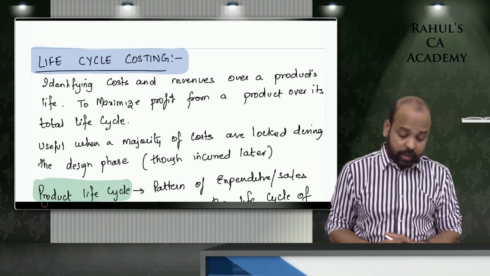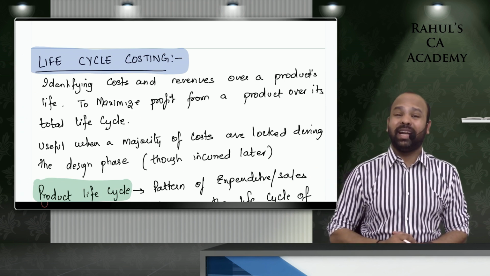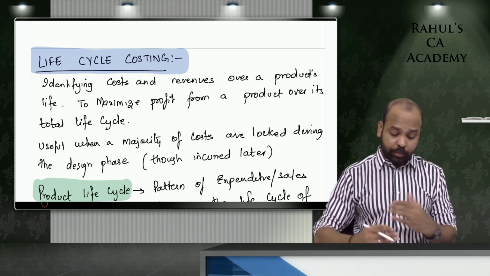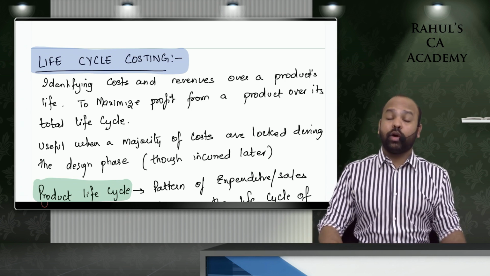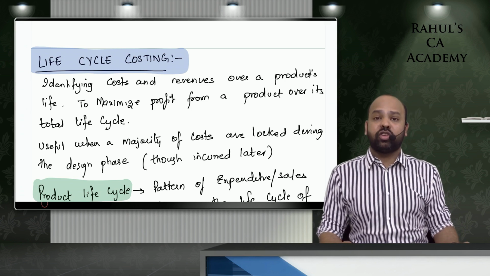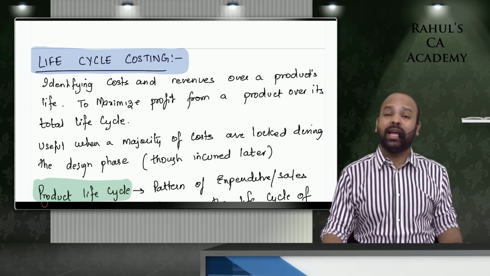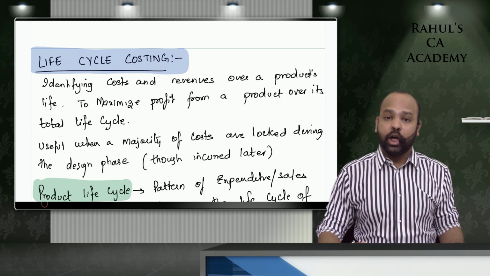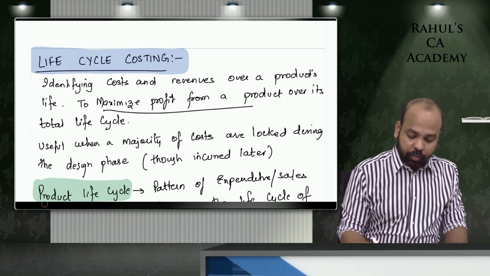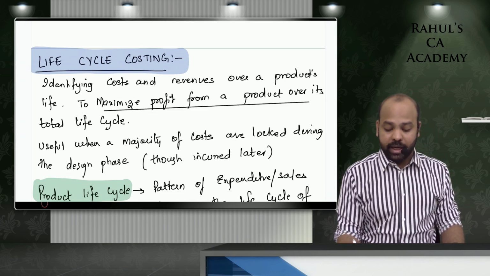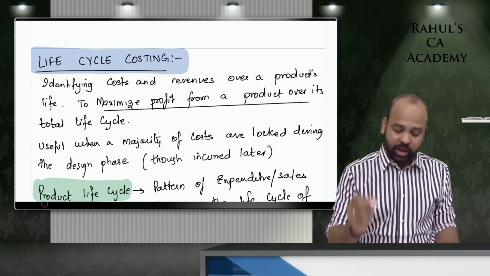So life cycle costing is all about identifying the cost and revenues over the product's life cycle. Now when you try to identify or estimate a product's cost and revenues well in hand, it will help you in maximizing the profit that you will be able to derive from the product. The objective is to maximize profit by identifying cost and revenues over a product's life cycle.